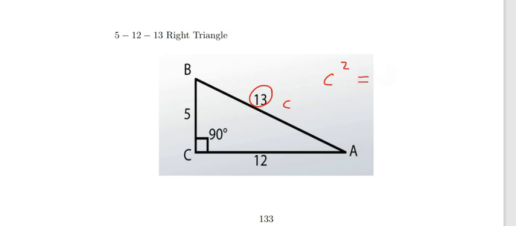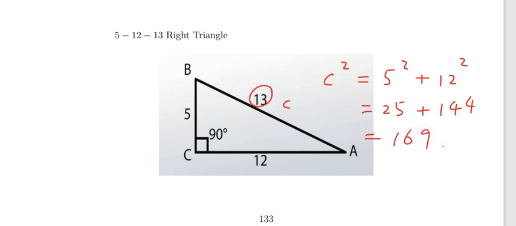C square equals 5 square plus 12 square. 5 square is 25. 12 square is 144. So we find this equals 169. So 169, so C equals 169, take square root.